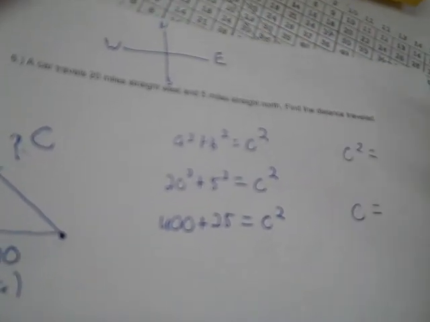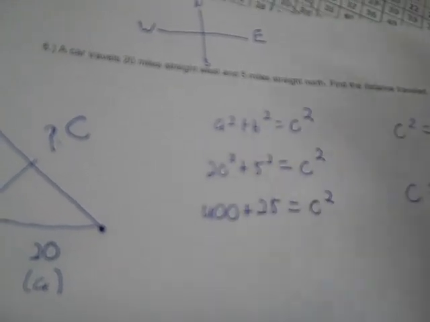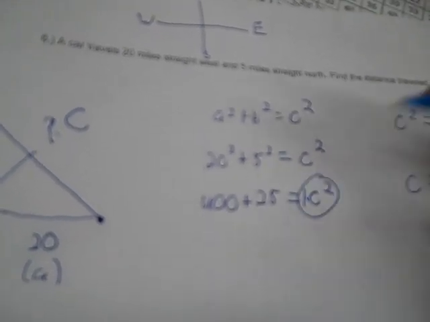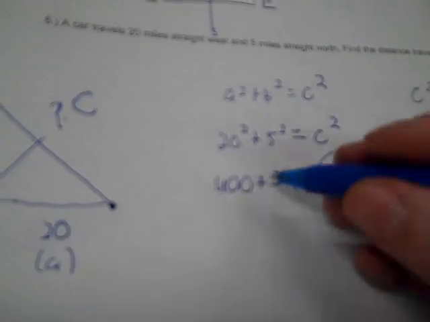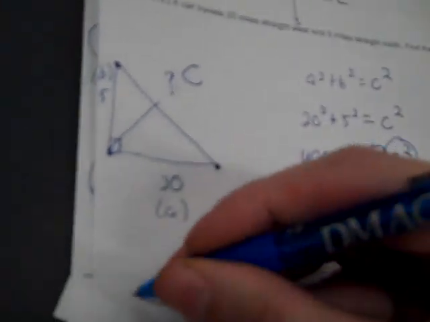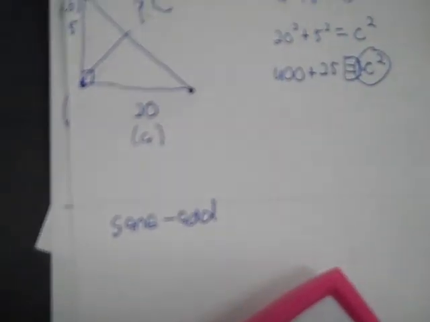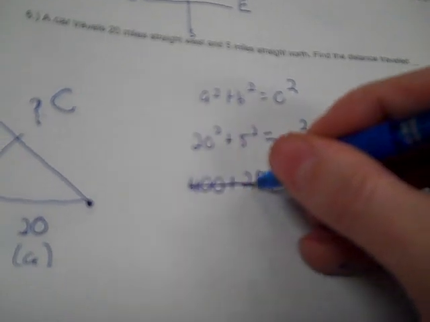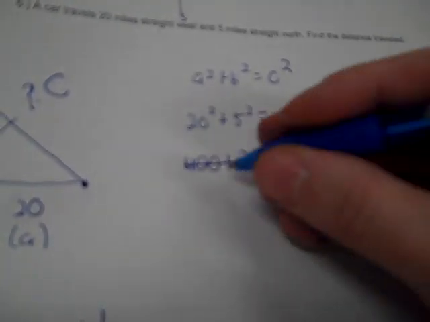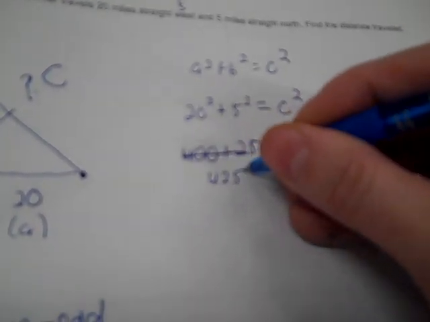Okay. Now that all the second powers are gone, I dot and circle. And these go together, and they're on the same side, okay? And that would mean I add them. I don't need to worry about minusing. I just cross them out and add them. 400 plus 25 is 425.